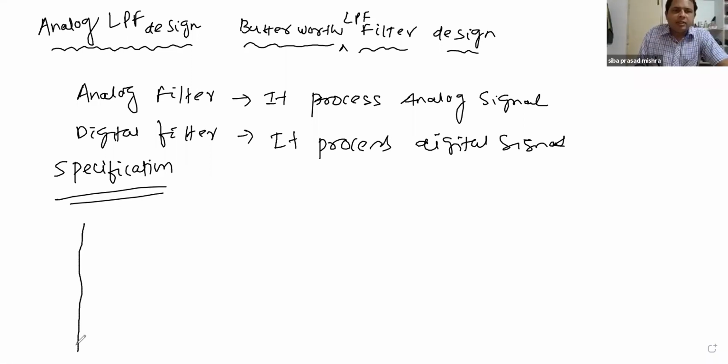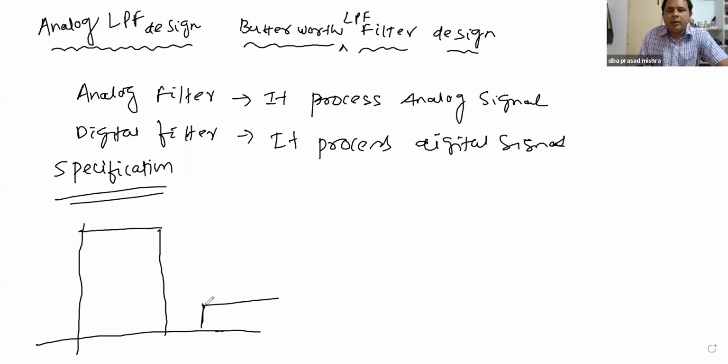This is the ideal low pass filter. Last class I explained it. The magnitude is 1. Now you can put a line like this. This is omega p. This is omega s.